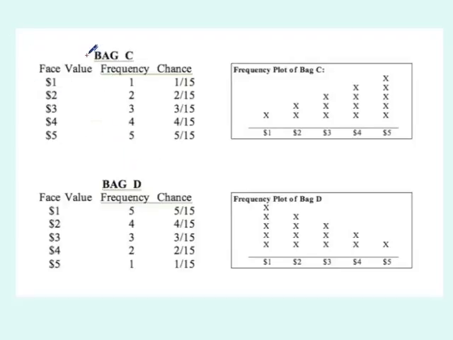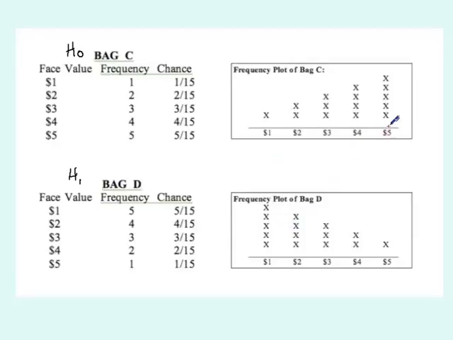If our null hypothesis is that you have bag C, in other words, if this is the null here, and the alternate is that the bag is bag D, well, notice that if I pull a $1 voucher out of the bag, that wasn't very likely to be in bag C, but on the other hand, it was very likely to be in bag D, and that would cause me to reject the null and accept the alternate, right?